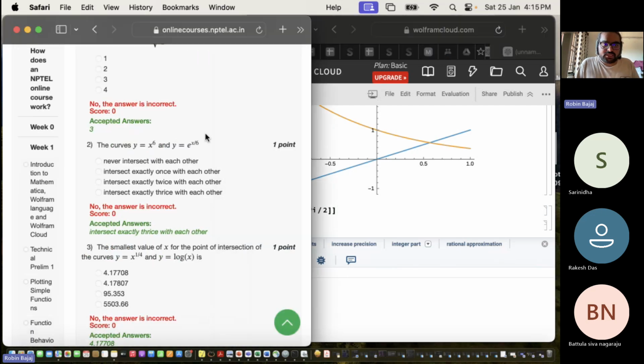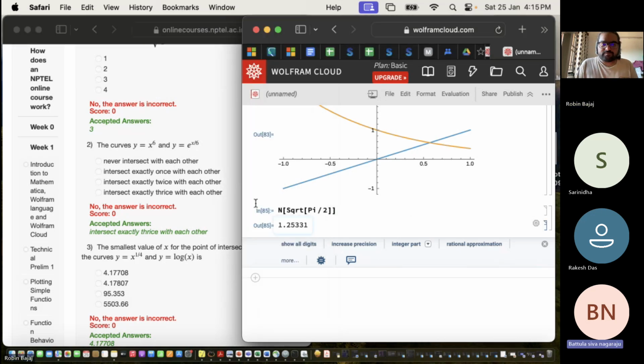Okay, so the next question is the curves y equal to x^6 and y equal to e^(x/6) minus... Do they intersect or whatever? Now tell me how many ways I can solve this.